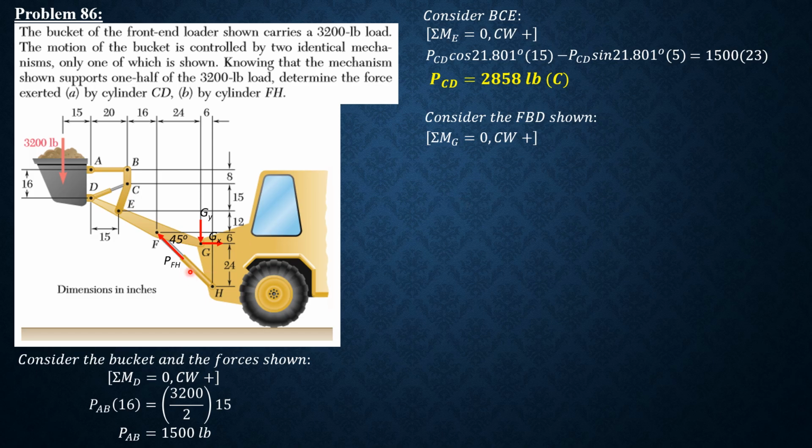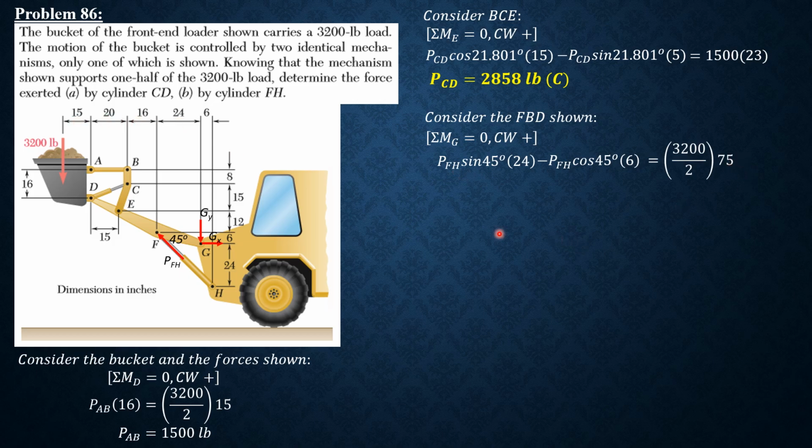So again, vertical component is clockwise, PFH times sine of 45 times 24. Then the horizontal component is counterclockwise, so minus PFH cosine of 45 times 6 equals 3,200 over 2 times 75, where 75 is 24 plus 16 plus 20 plus 15, so 75.